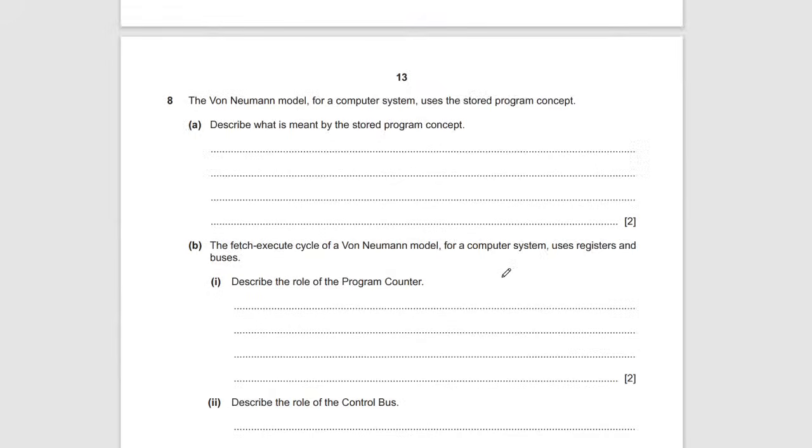Describe what is the stored program concept. Basically instructions and data are stored in the same memory. So you would say instructions and data are stored in main memory.